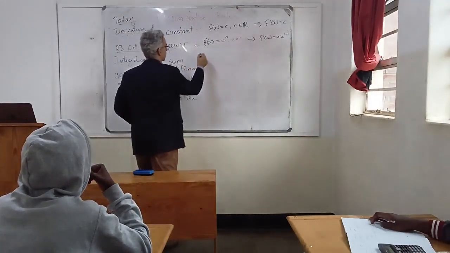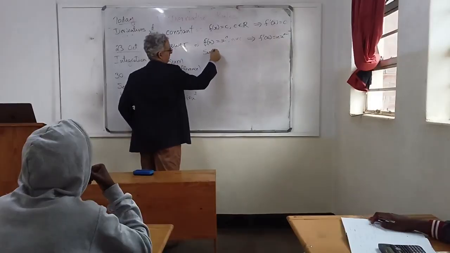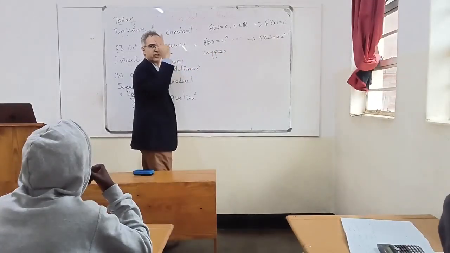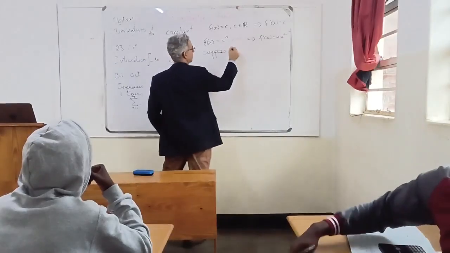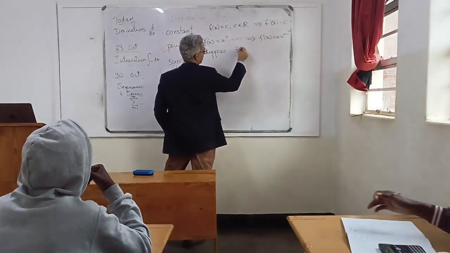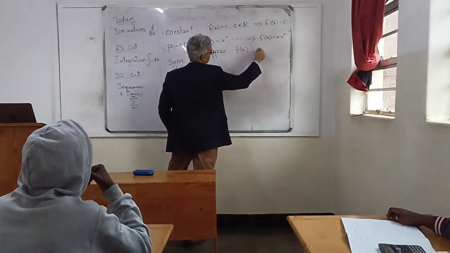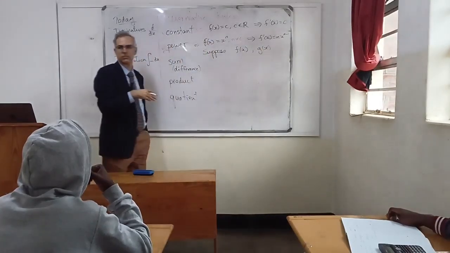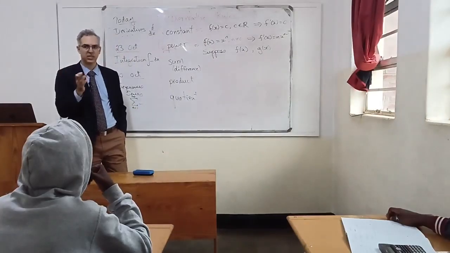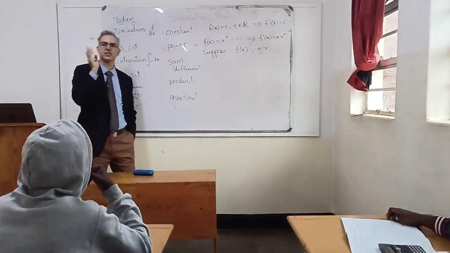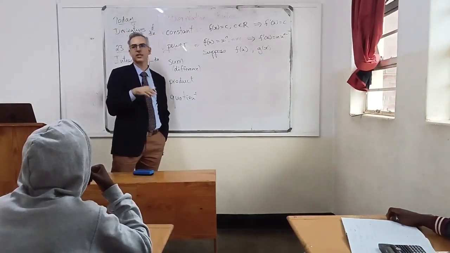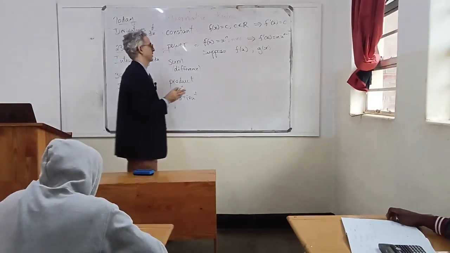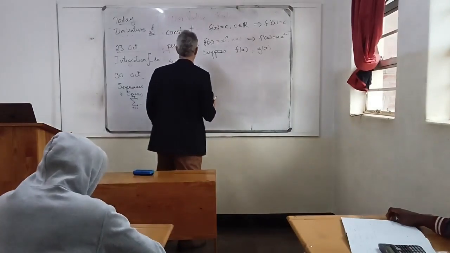For the following, we now suppose we have not one function f of x, but 2 functions: f of x and g of x. They can be any function. Cosine something, exponential something, x squared plus anything. One function f, one function g.